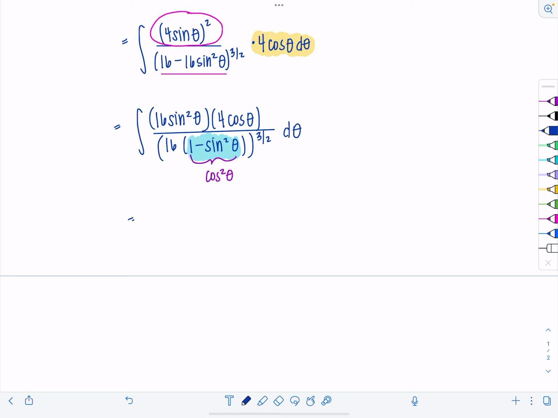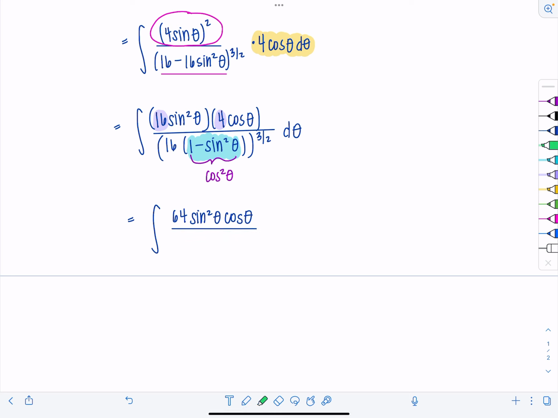And so now let's see what we have going on. Let's clean up our constants. We've got a 16 times 4, so that's 64. Sine squared theta, cosine theta, over. Now be careful here.